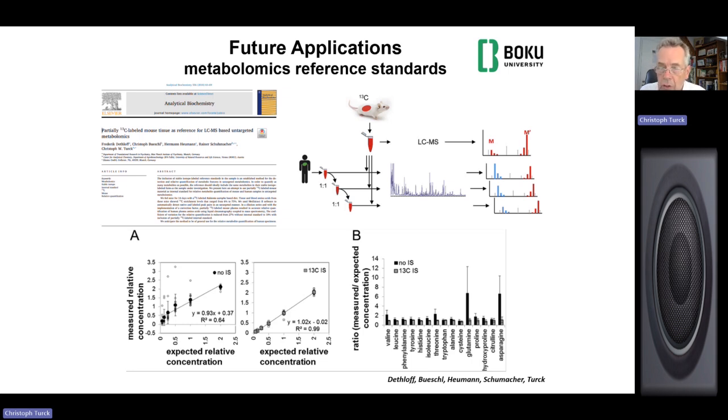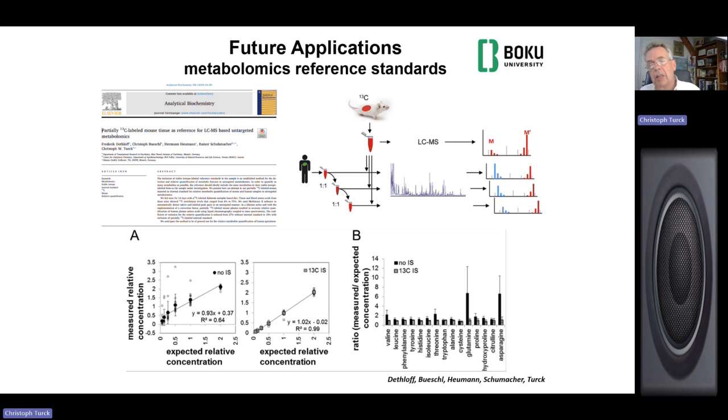So this study certainly had merit. He specifically looked at the 20 natural amino acids, and was able to demonstrate that by adding the 13C reference plasma to the human plasma, he could vastly improve the accuracy of the quantification of the 20 amino acids.